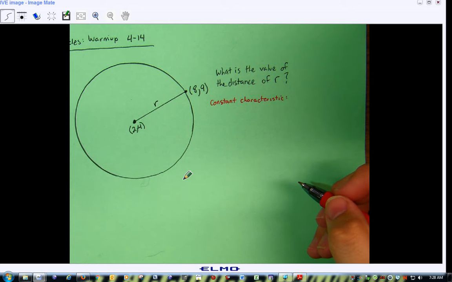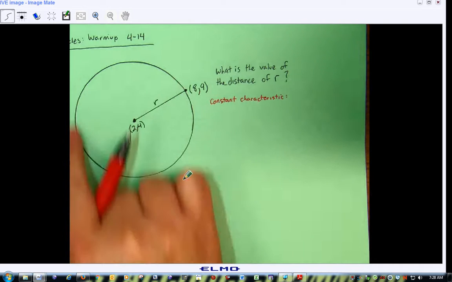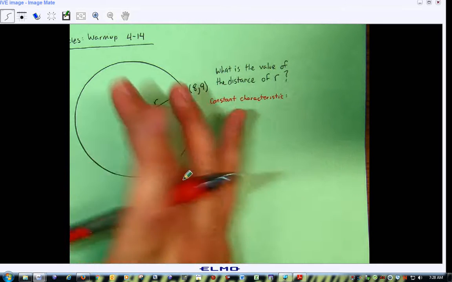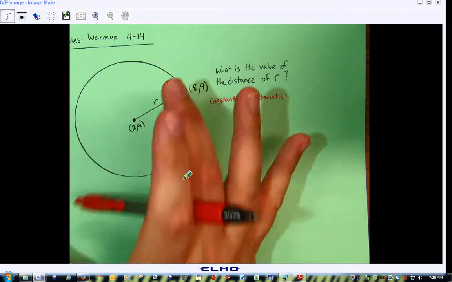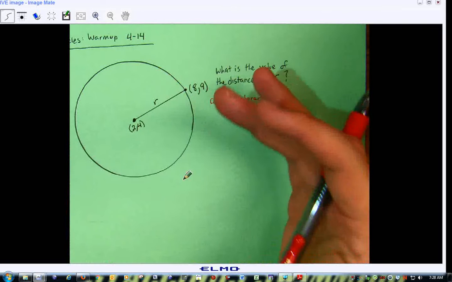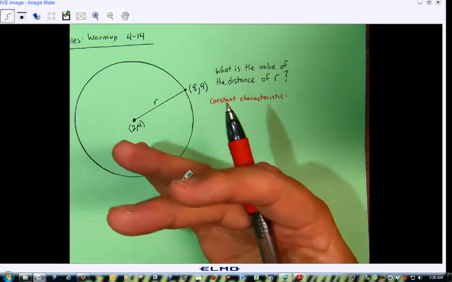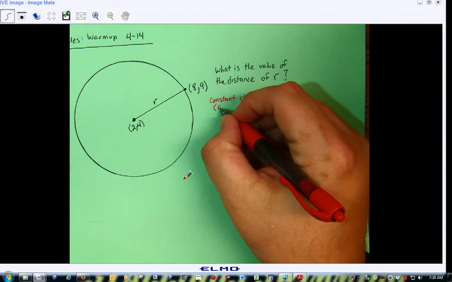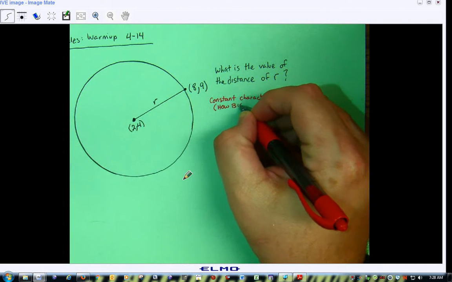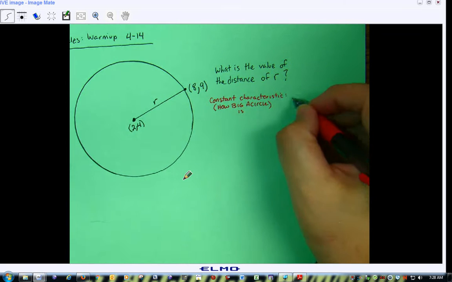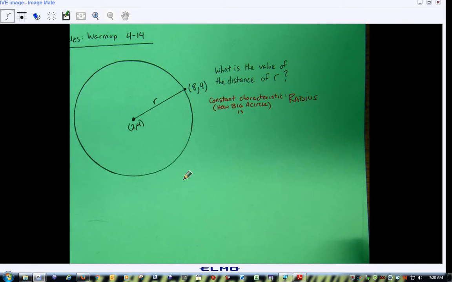Nobody? Well, yeah, it is 360 degrees if we go all the way around. But the defining idea of how big that makes the circle, I should have said, what's the constant characteristic that determines how big a circle is? It's the radius.